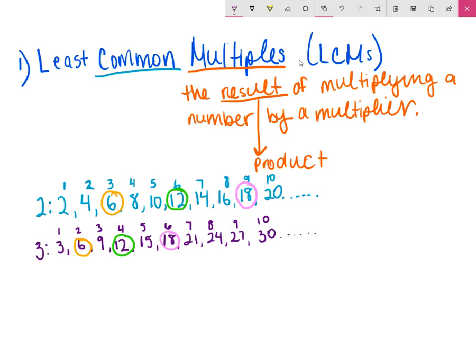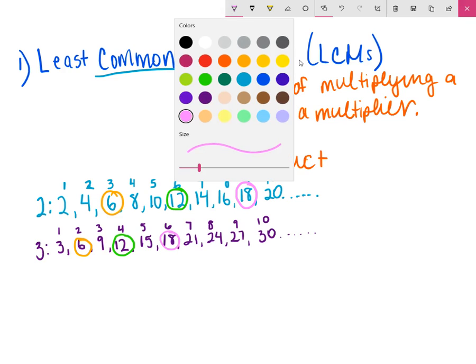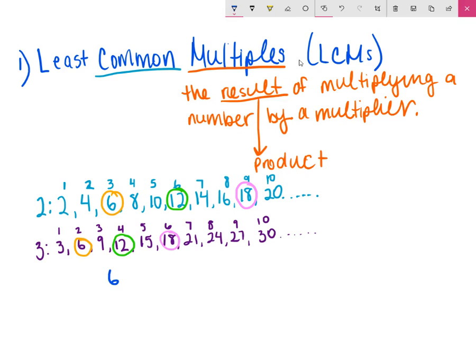So within the first 10 multiples of 2 and 3, we found 3 common multiples. Let's list them. We have 6, 12, and 18. So we found the common multiples of 2 and 3.